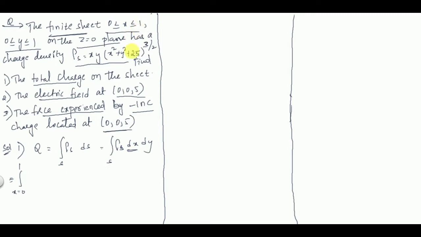So x limits are from 0 to 1 and y limits are from 0 to 1. Rho s is xy into (x square plus y square plus 25) whole to the power of 3 by 2, dx dy.